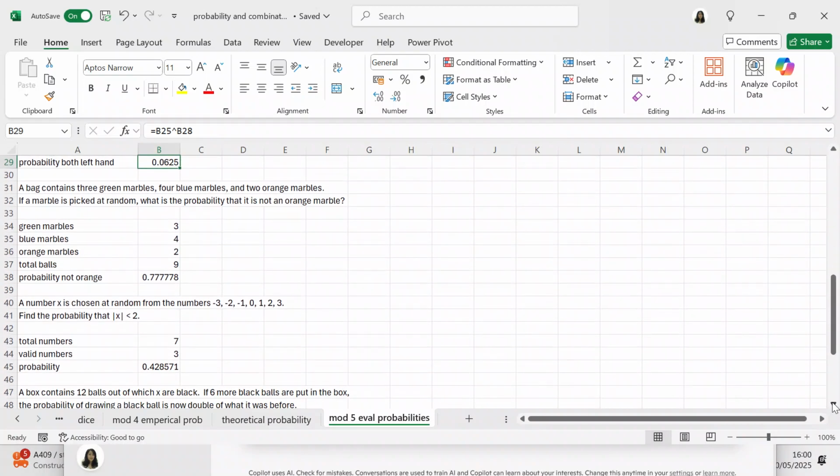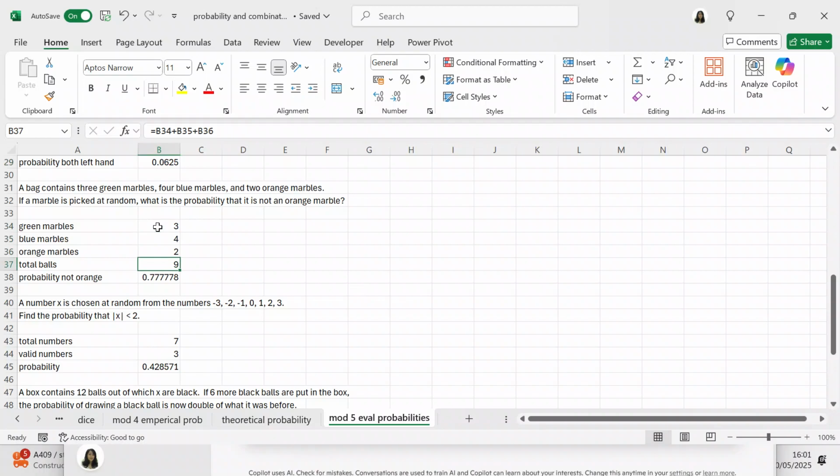Now we have another question. A bag contains 3 green marbles, 4 blue marbles, and 2 orange marbles. If a marble is picked at random, what is the probability that it is not an orange marble? So you've got 3 green marbles, 4 blue marbles, and 2 orange marbles.